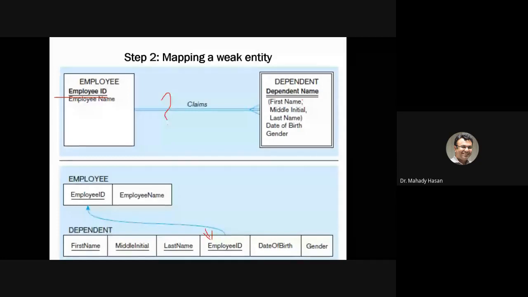So here, as we have mentioned, if I want to create the dependent relation, I need the primary key from employee, and together with the partial identifier, combining these would be my primary key. Can you explain why this has happened?